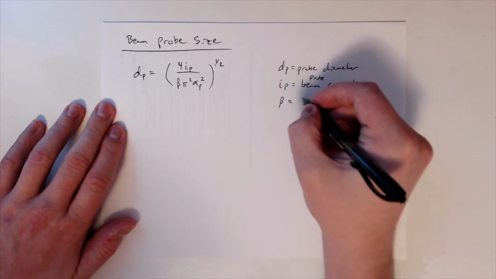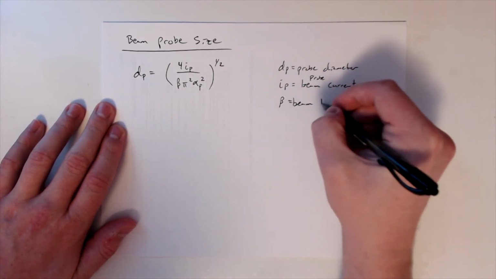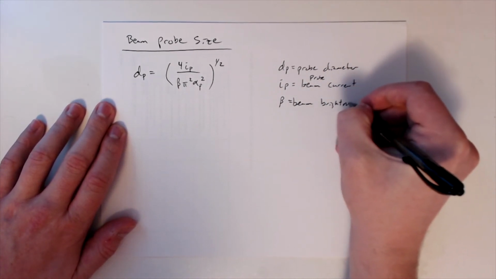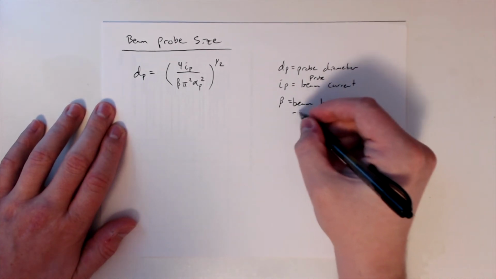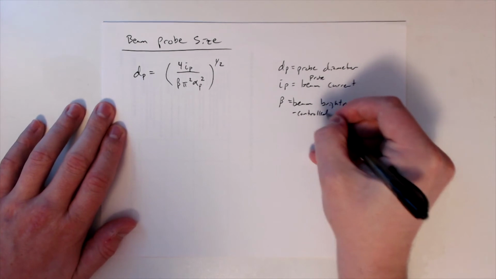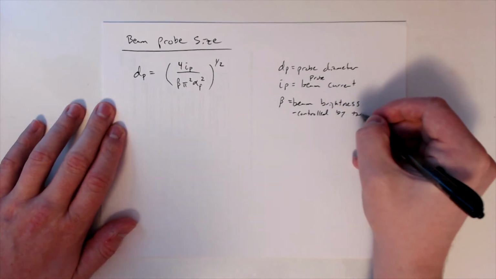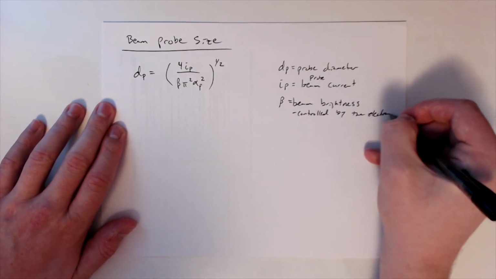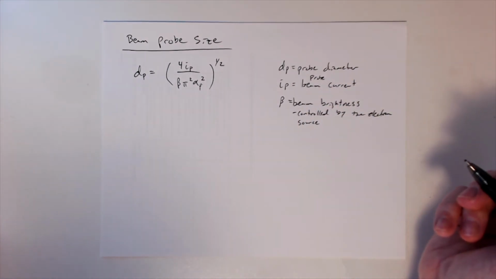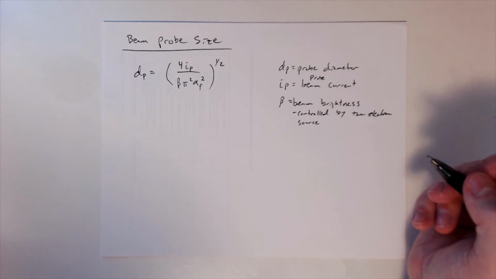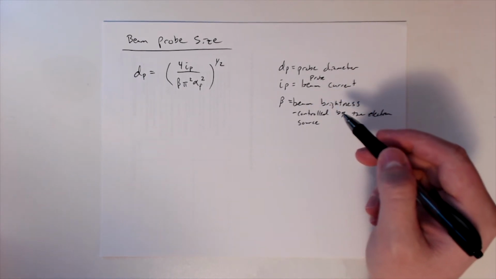Beta is known as the beam brightness, and so this is going to be controlled by the electron source. So if we have a tungsten source, or a LaB6, or a field emission source, that's where you're going to get this beta term.